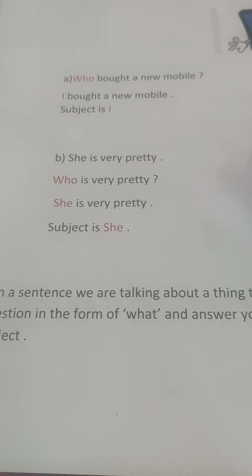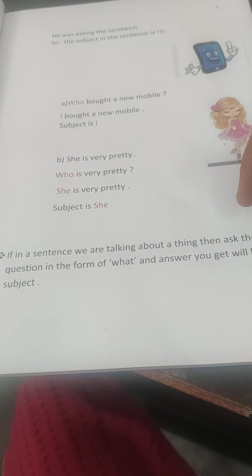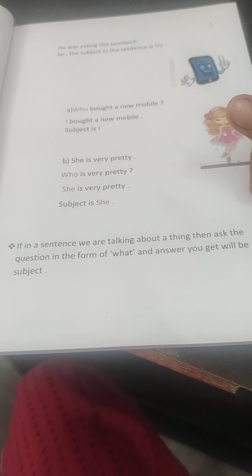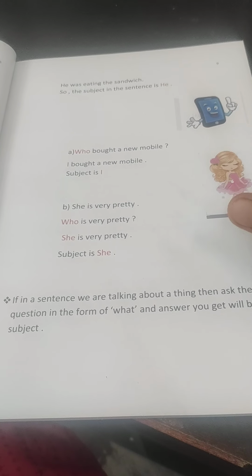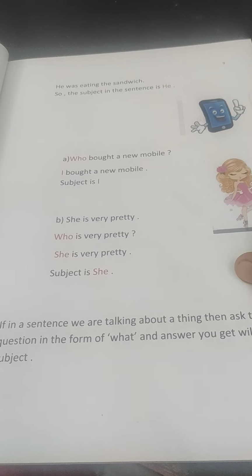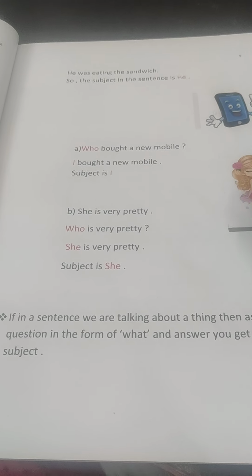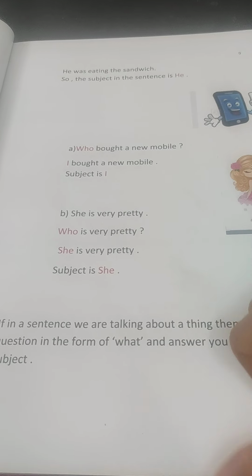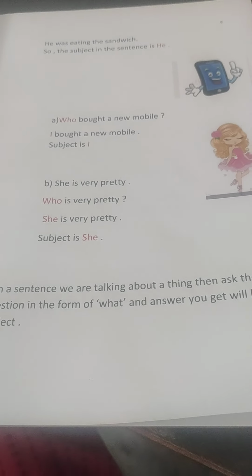Now, if in a sentence we are talking about a thing, then ask the question in the form of what. If the noun or the pronoun in a sentence is a thing, then previously we were asking the question as who, now you can ask the question as what.